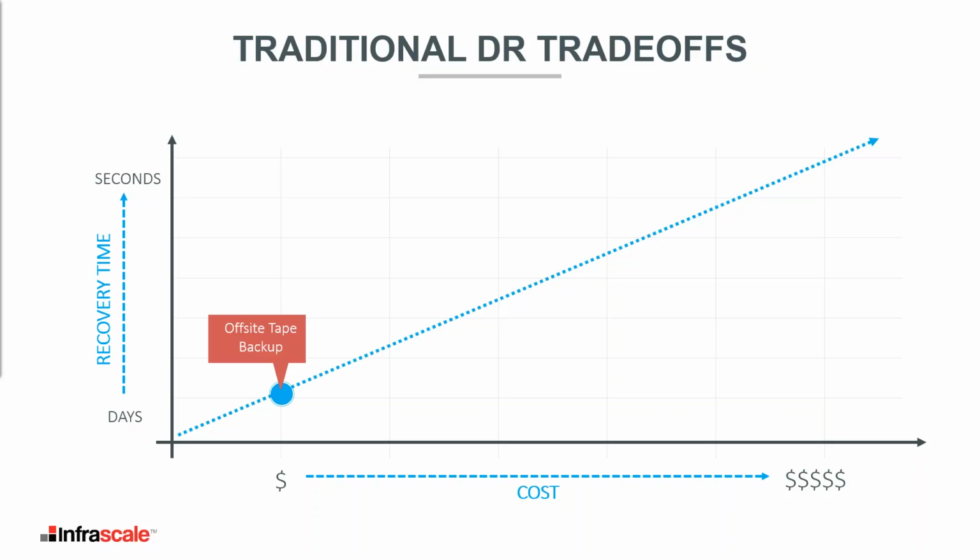It may be cheap, but it takes days to recover. You're not going to be able to recover quickly. What we're looking at here along the left axis is the recovery time from days to mere seconds, and along the bottom is the cost, so the affordability.